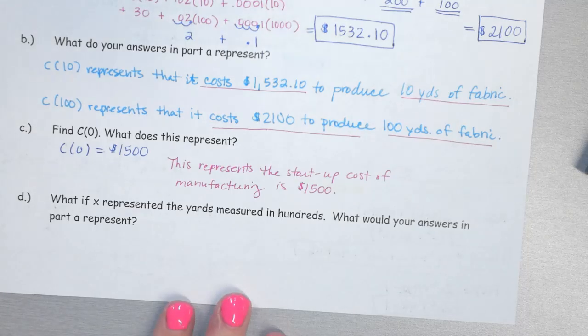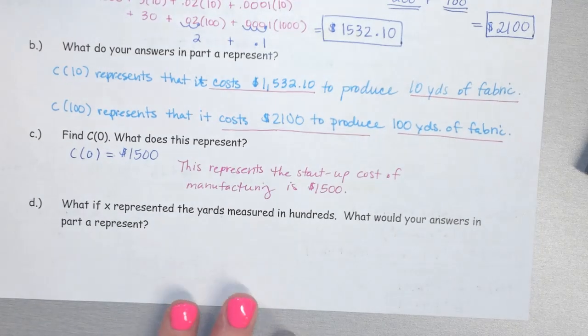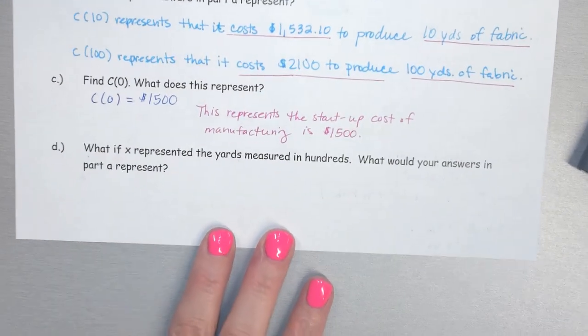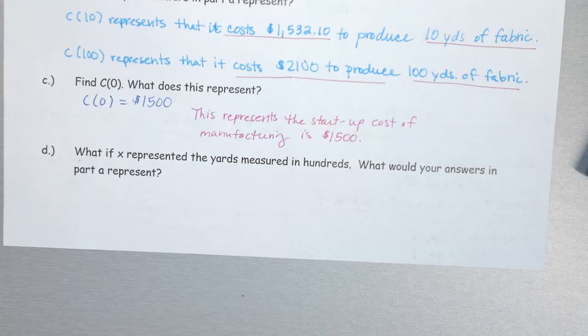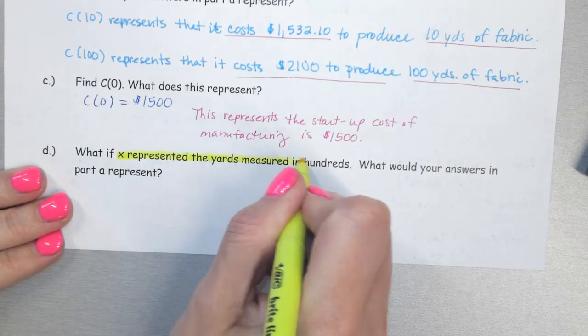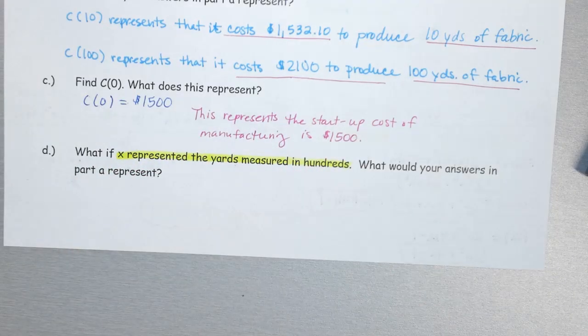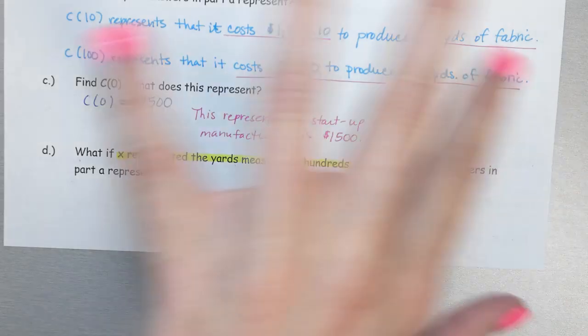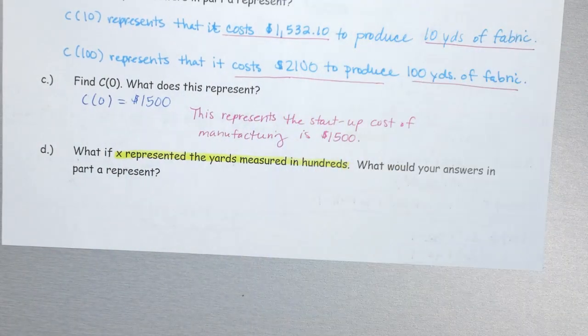Okay, now some of your equations are going to represent different values. So they might say, what if X is represented in hundreds? So this is saying, what if X represented the yards measured in hundreds? What would your answers in part A represent? So everything we did before, like the calculation, that would stay how it is.